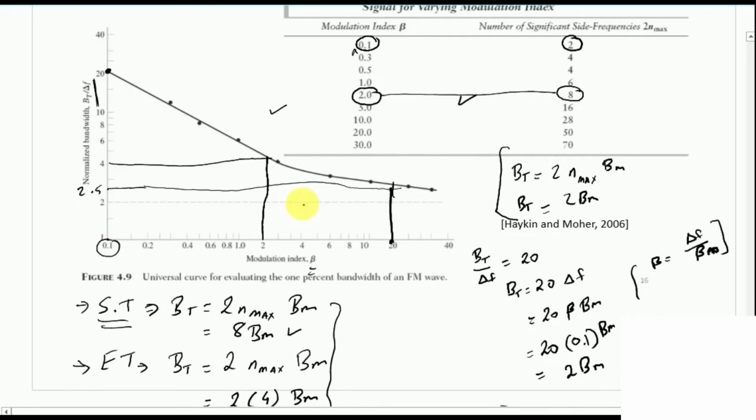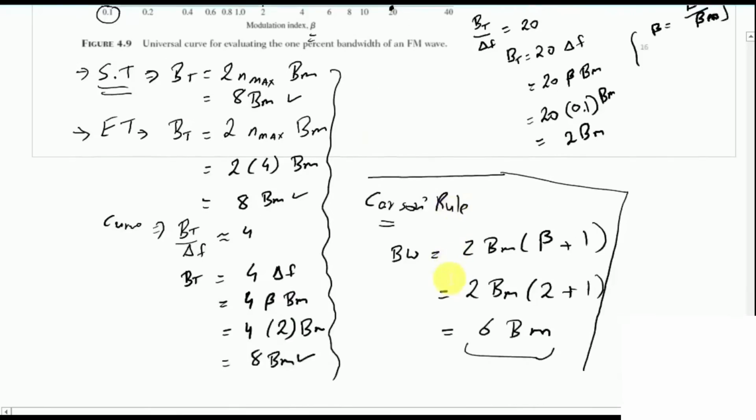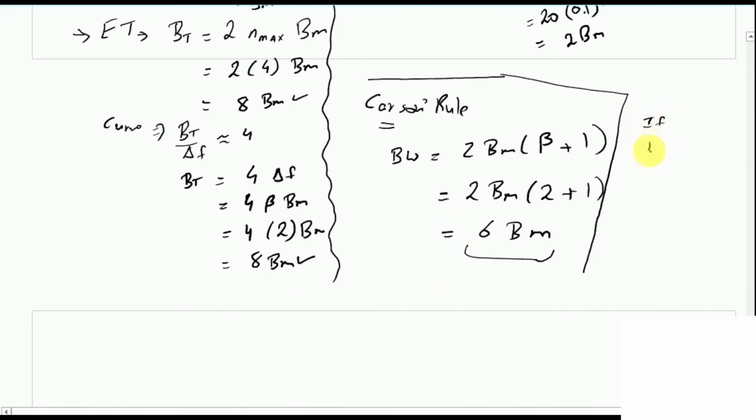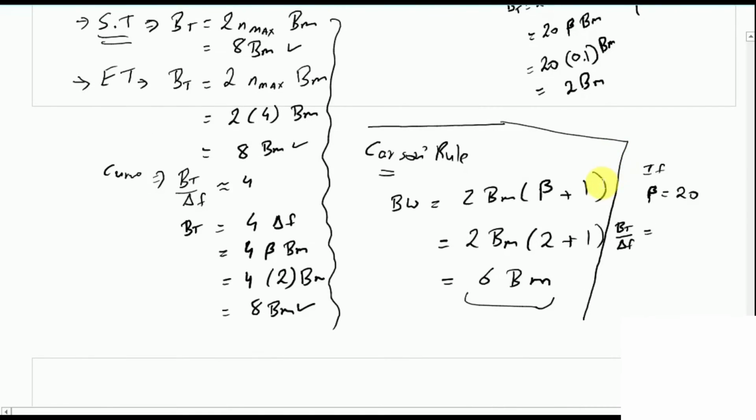So for this kind of a scenario, when your beta is equal to 20, bt by delta f would be equivalent to 2.5, and that would mean that bt is equal to 2.5 times beta times bm coming from delta f, right?